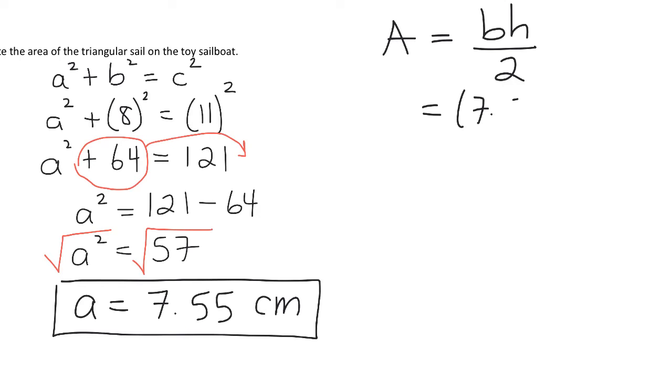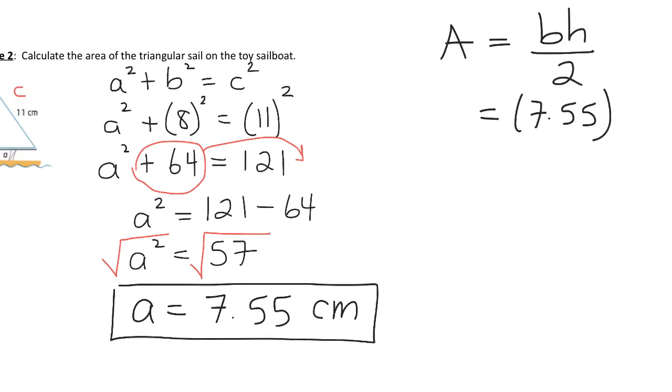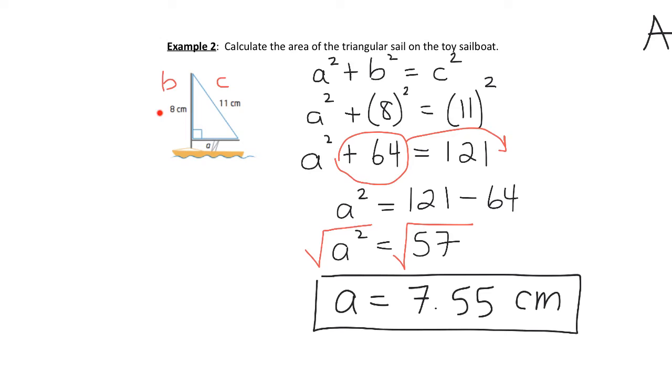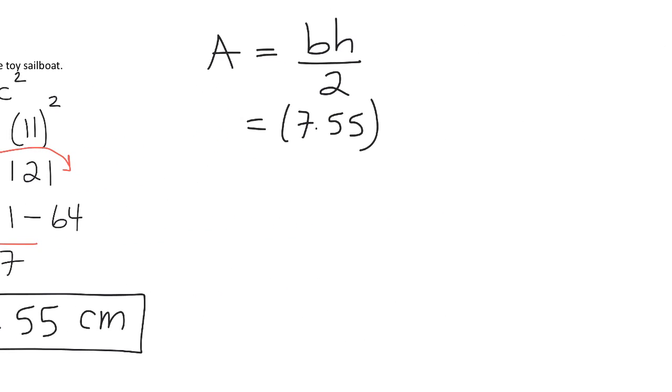So I'm going to put that in, 7.55. And the height on the sail was 8 centimeters. So it is this side here. So we're going to fill that portion in. And the whole expression needs to be divided by 2.